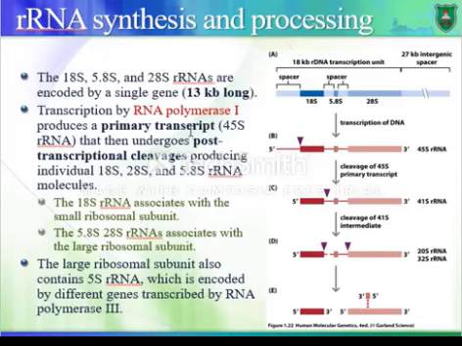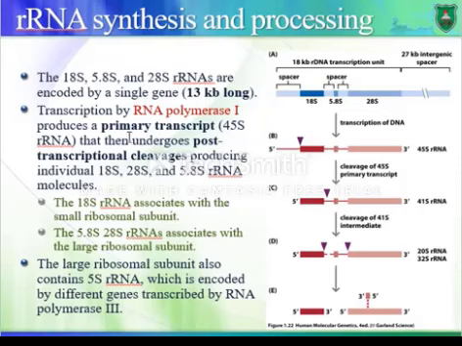For the 18S, 5.8S, and 28S, we have RNA polymerase 1 responsible for producing the primary transcript. So RNA polymerase 1 is responsible for the transcription of these three ribosomal RNA molecules.